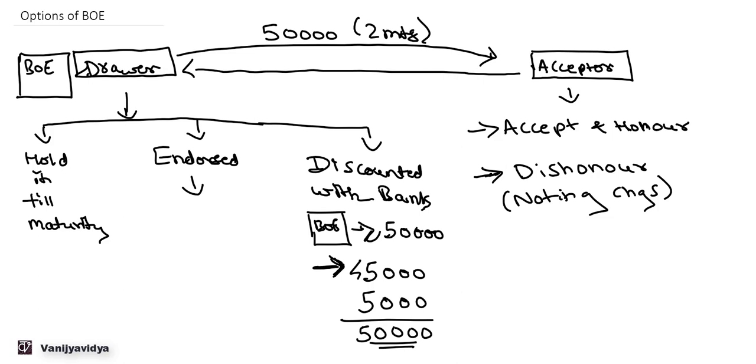The bank must have also paid some noting charges, so the bank will recover those expenses from the drawer, and the drawer has to finally make an entry so that the acceptor is liable for the total amount, that is the total amount of the bill plus the noting charges which he has paid to the bank.